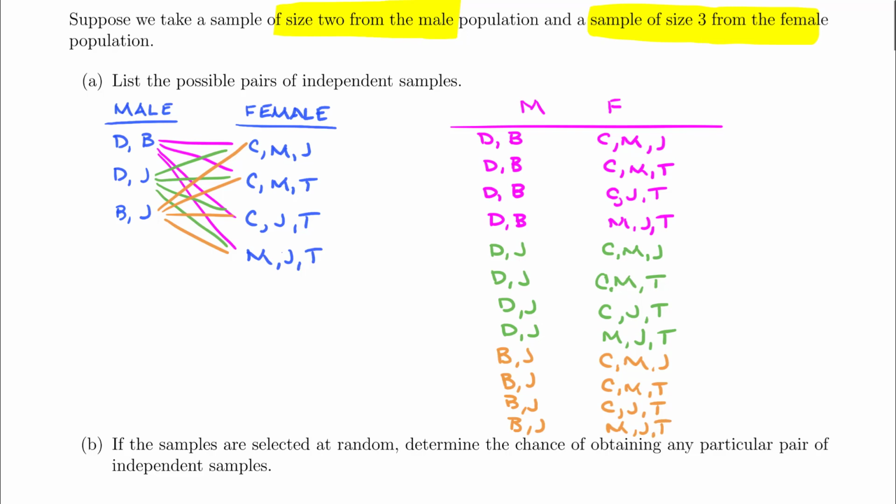If we count, we see over here on the right that we have 12 total possible samples that exist from our two populations respectively.